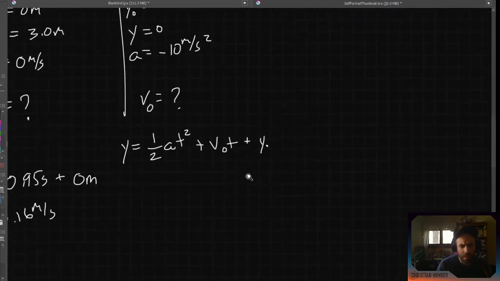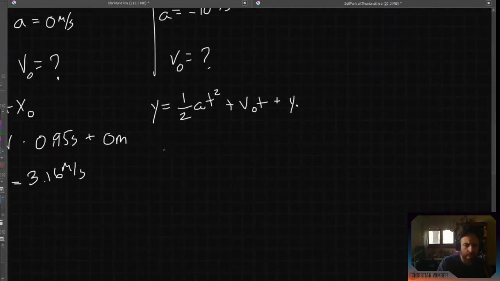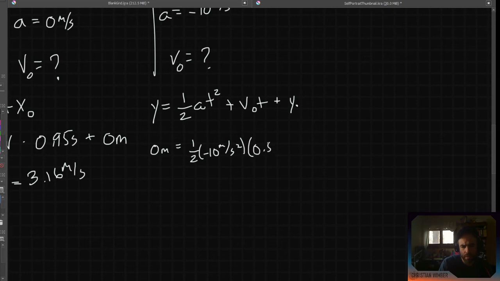Let's just go ahead and plug things in. I know that 0 meters is where it lands. That'll be 1/2 times negative 10 meters per second squared times t squared. Oh, but we know t. t is 0.95.